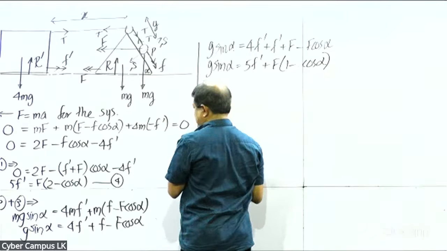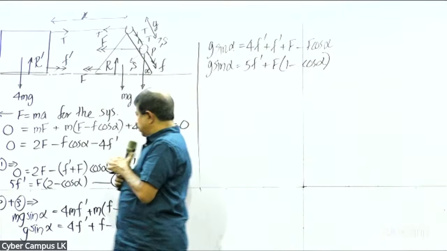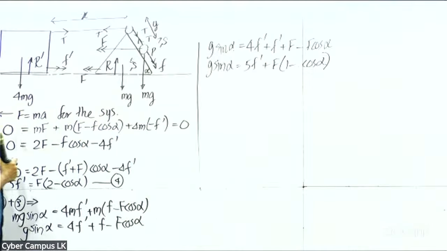So you have that. Now here, we get something simpler than that, because here I have an expression for 5F dash. Hold on, something is wrong. This cannot be this simple, right?